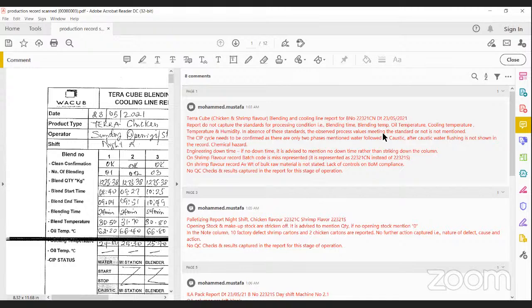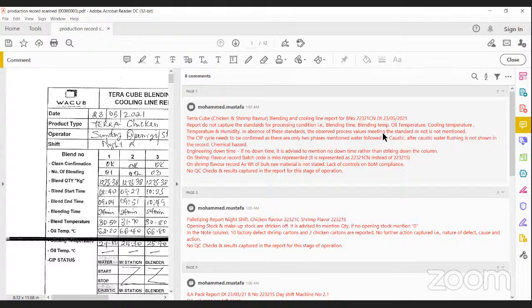In the absence of this standard, we were not able to establish if the observed process values recorded were meeting the standard, because there is no column where the expected value is mentioned.